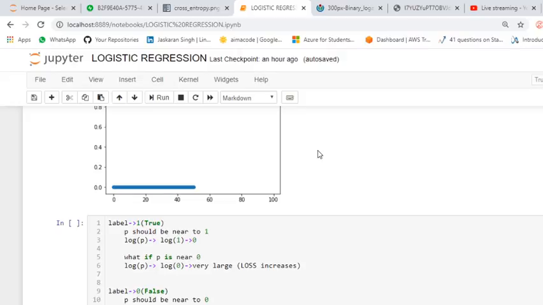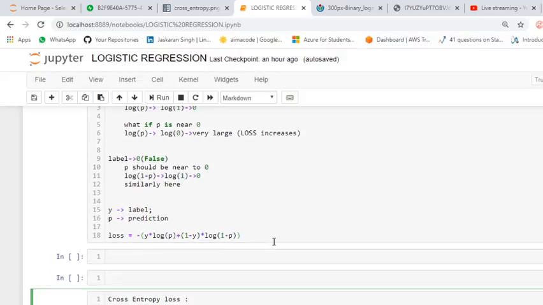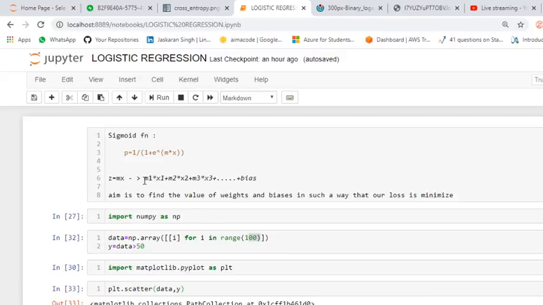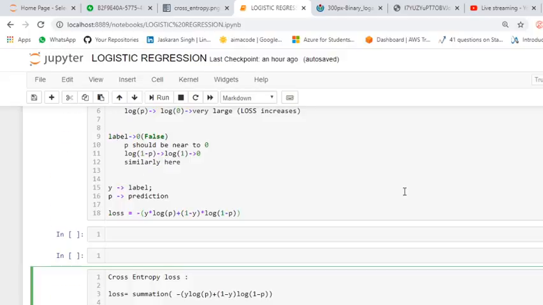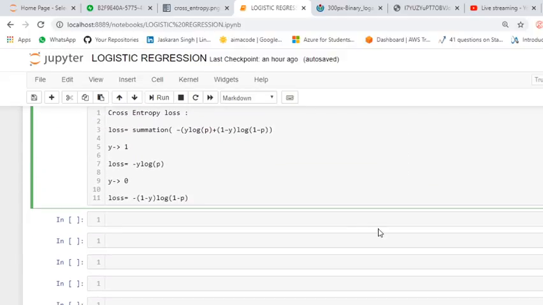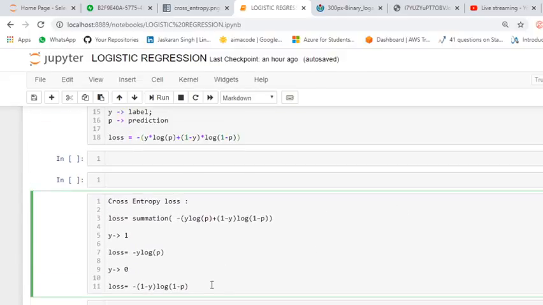Okay, so let's come to the next part. How do we find the values that minimize that loss function? We're going to find the derivative.